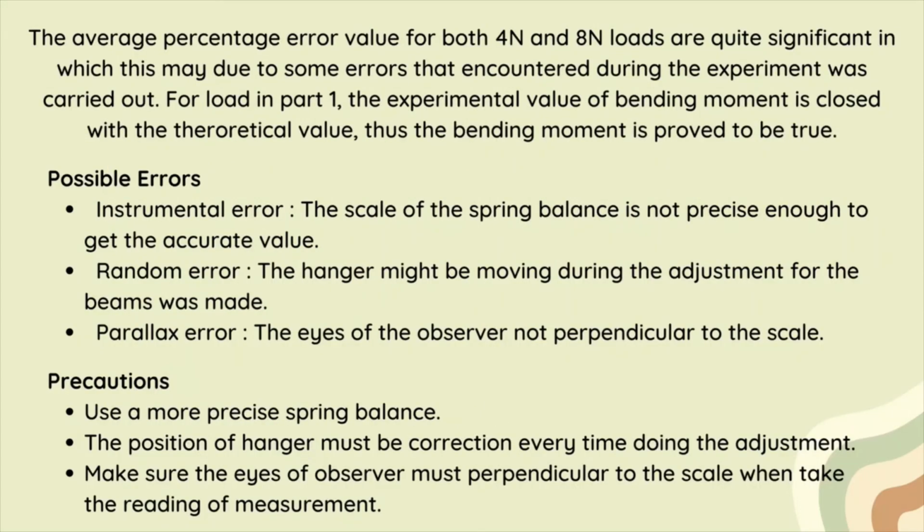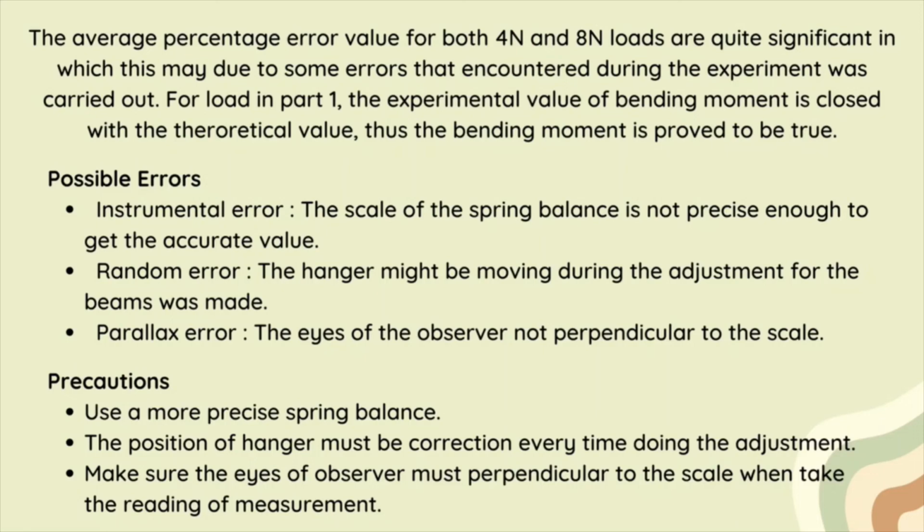Next, the average percentage error value for both 4N and XN load is quite significant, which may be due to some errors encountered while the experiment was carried out. For load in part 1, the experimental value of bending moment is close to the theoretical value, thus the bending moment is proved to be true.